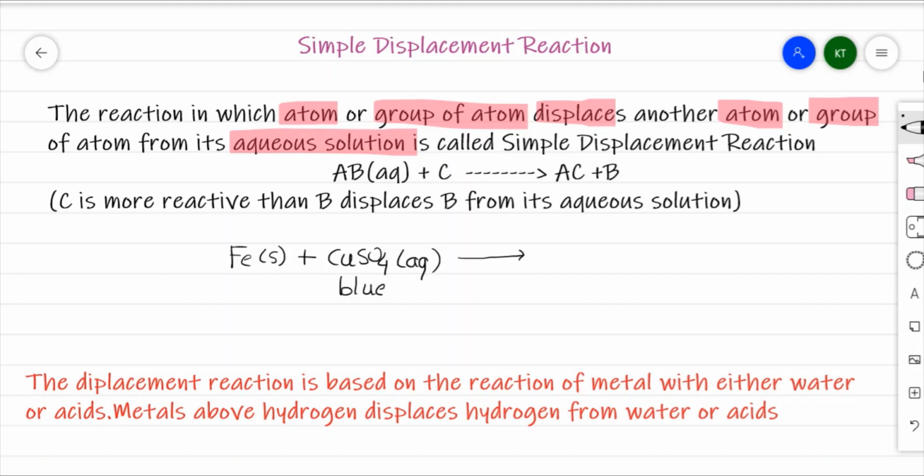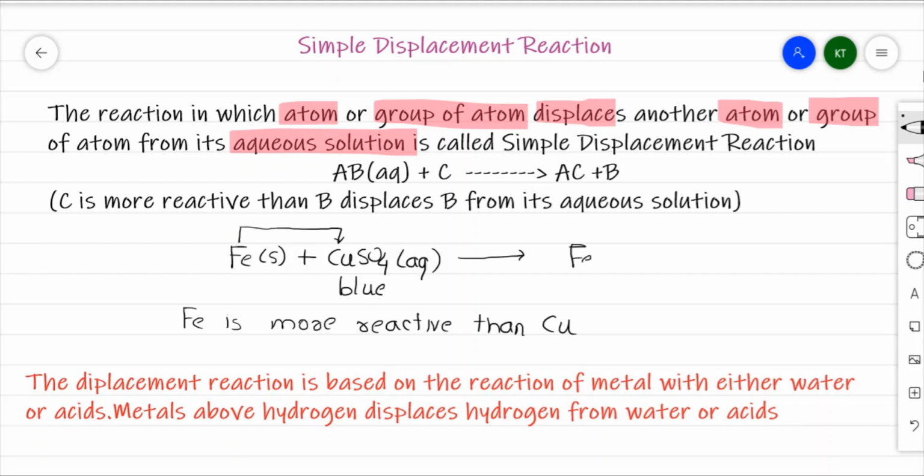So iron, which is more reactive, iron is more reactive than copper. So what does iron do? Iron displaces copper from its aqueous solution.